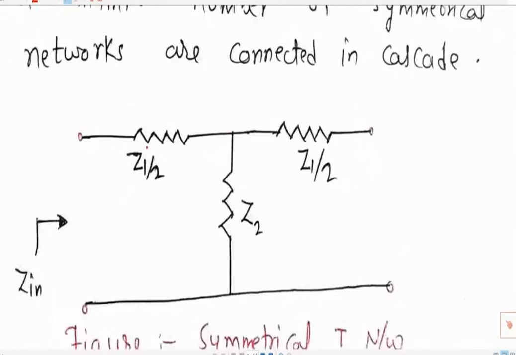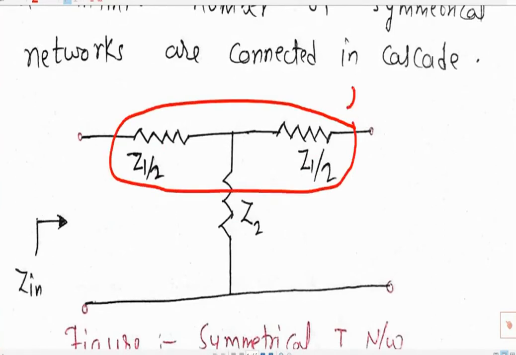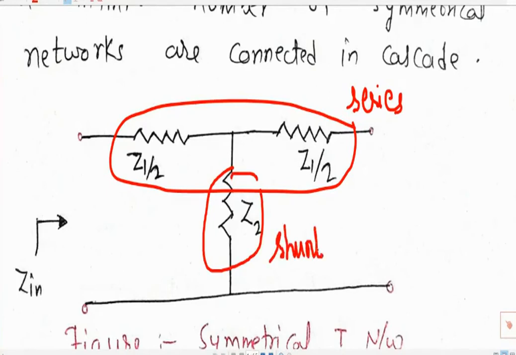So we have one T network, Z1 by 2, Z1 by 2 and Z2. The addition of Z1 by 2 and Z1 by 2 is the series arm, and Z2 is the shunt arm. It has the shape of a T, a symmetrical T network.